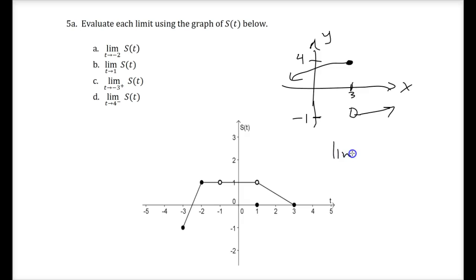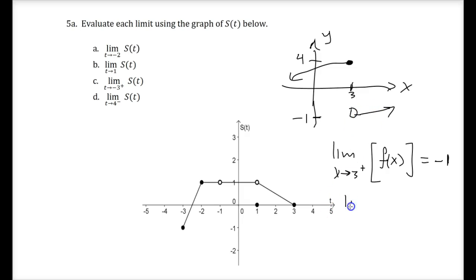Then if we said the limit as x approaches 3 from the right of this function, the answer would be negative 1.